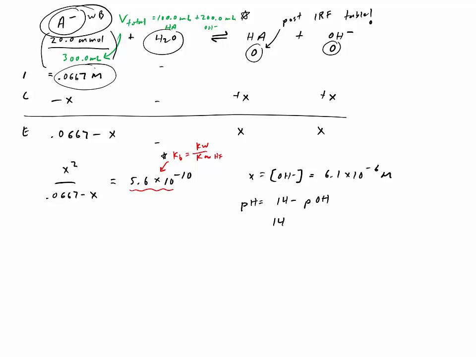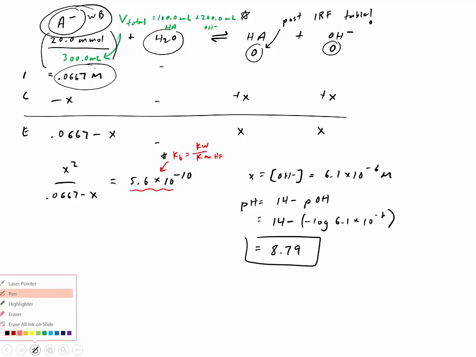So 14 minus the negative log of 6.1 times 10 to the negative 6. So we get a pH of 8.79.